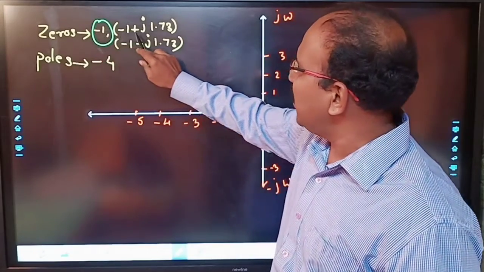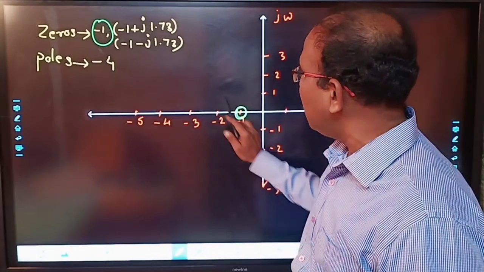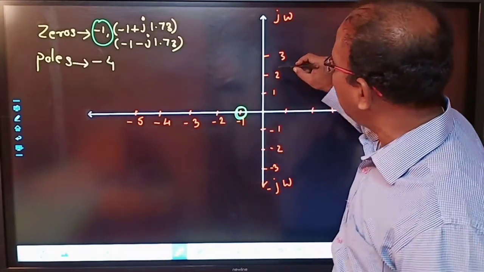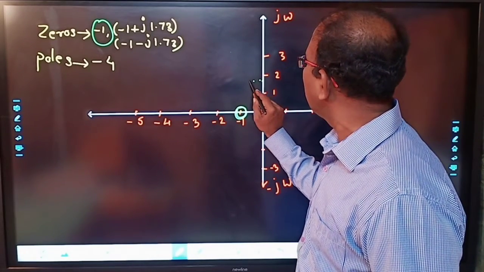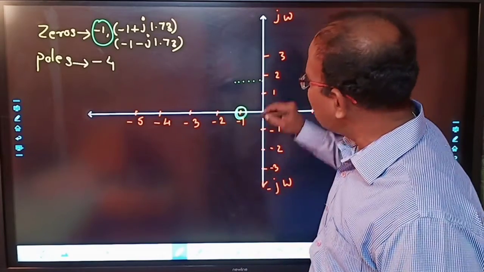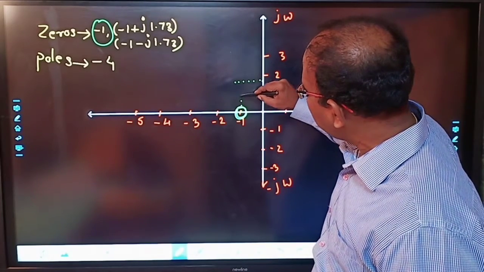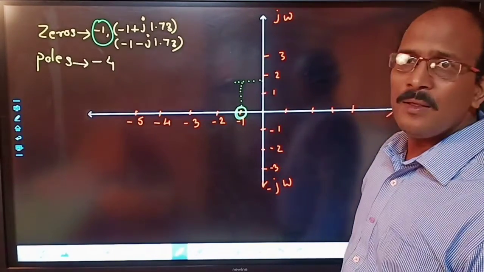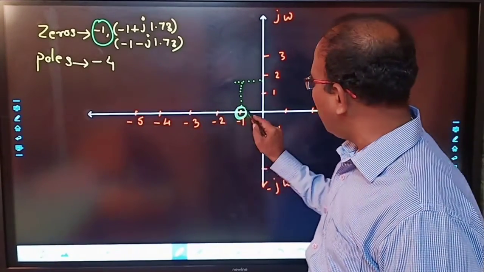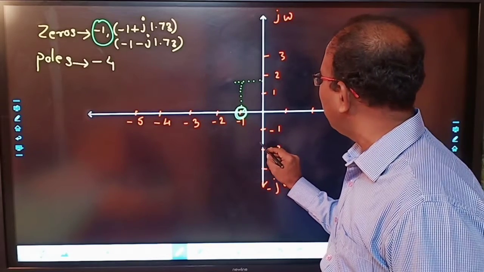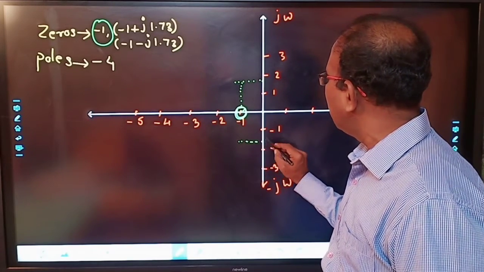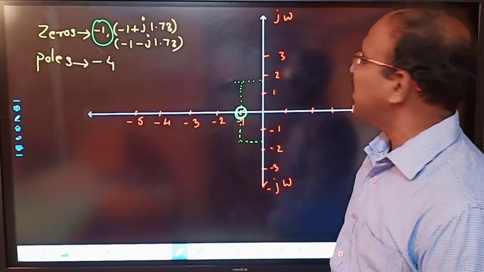But this is having minus 1 plus 1.7. 1.73 will be somewhere here. Correct? And this is minus 1.